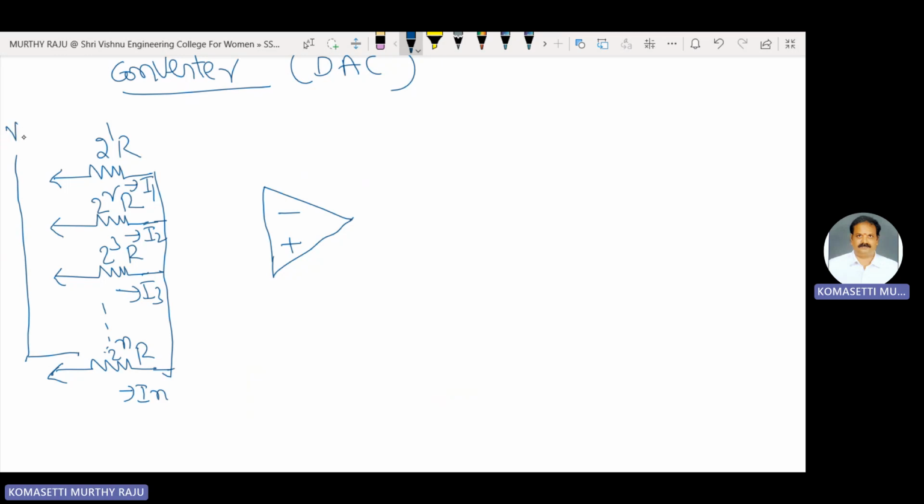This one is the positive reference voltage, VR. With the switch movement, the resistor is connected to either the VR value or ground. This one is ground.